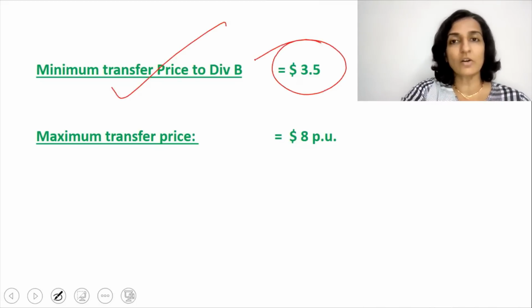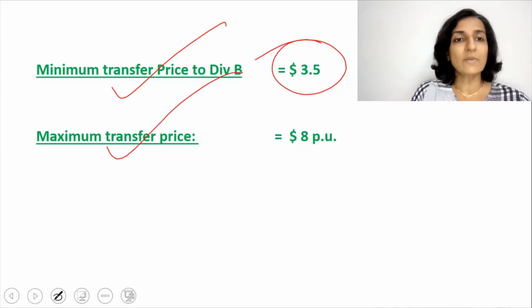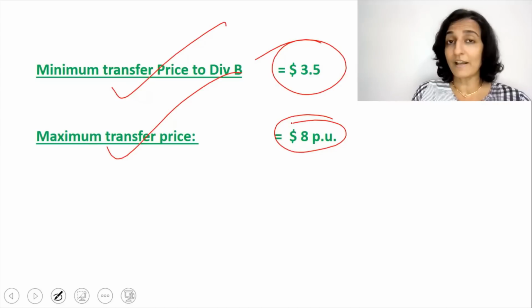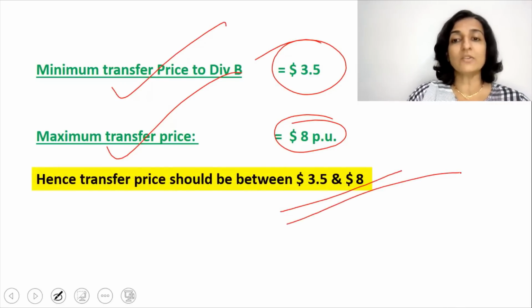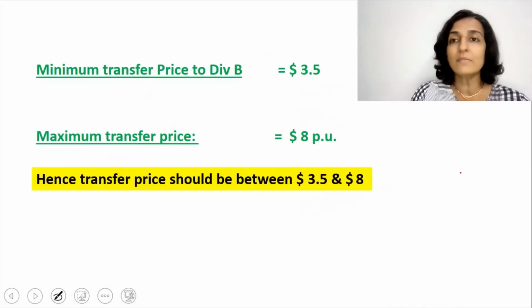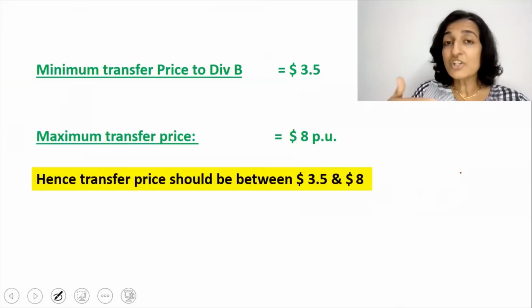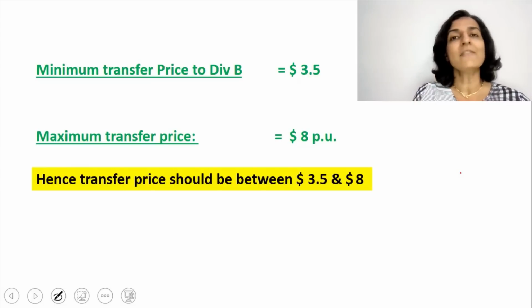Minimum transfer price is $3.5 and the maximum transfer price from Division B is $8. So the final summary is the transfer price should be between $3.5 and $8. So always remember that the minimum and the maximum transfer price will always be calculated, and then the divisional managers will negotiate among themselves, and then they will fix the final transfer price.